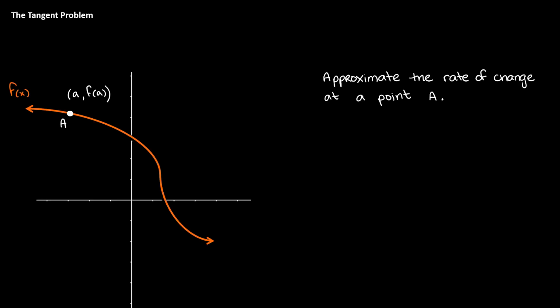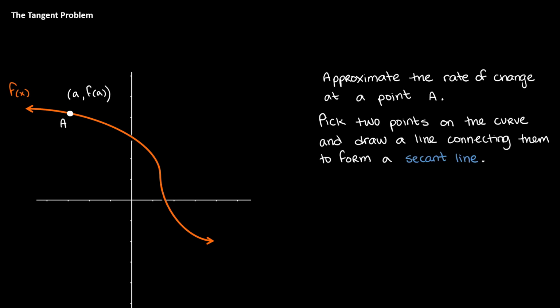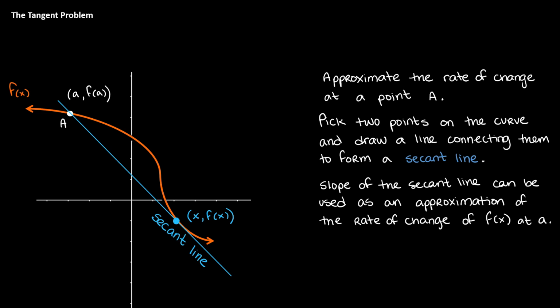Calculus can do this by starting with a point on the function a and picking points that are further along the curve and creating a line between them. So drawing some kind of secant line, and then talking about the slope of that line as a measure of our rate of change.